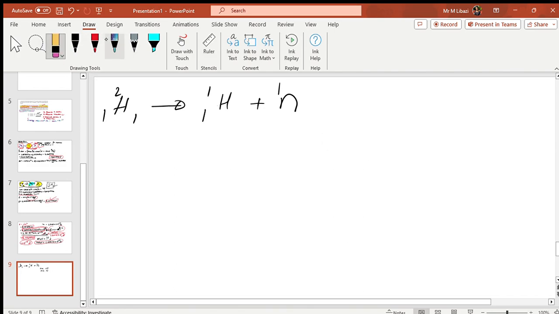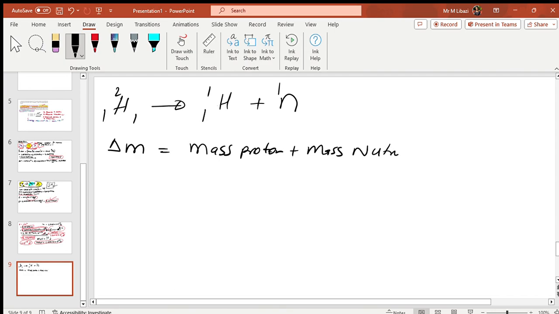Our mass defect will be the mass of the proton plus the mass of the neutron, and then we subtract the mass of the atom, which is the total mass.